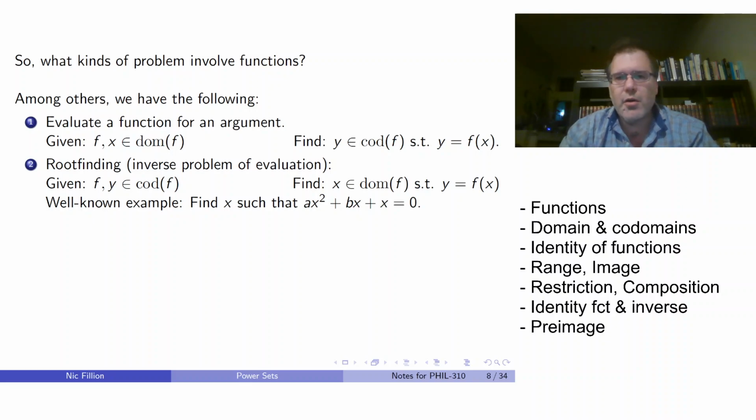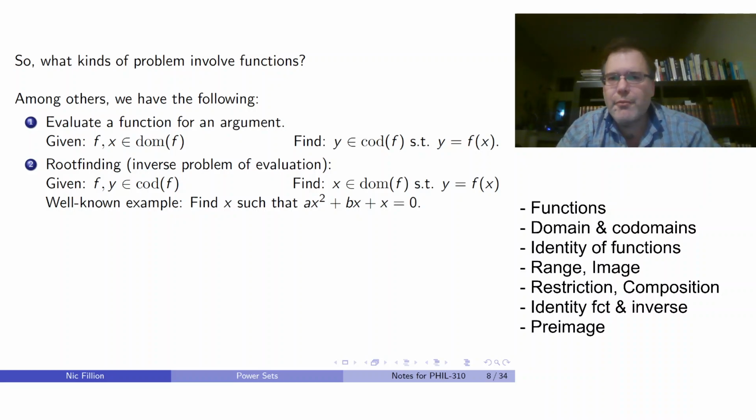argument. Right? So here we're given f and y, and we're asked to find x. And a very well-known example that we've all learned about in school, I presume, is the famous quadratic equation, right? So we have a second degree polynomial and we are asked to find the value of x such that this polynomial equals 0. And that's about finding the zero of a function.